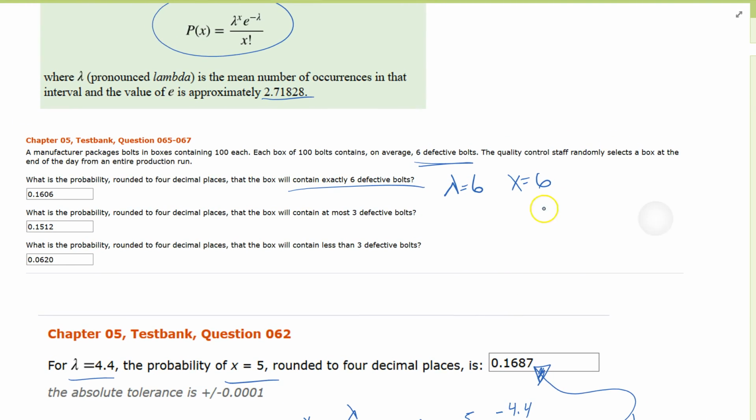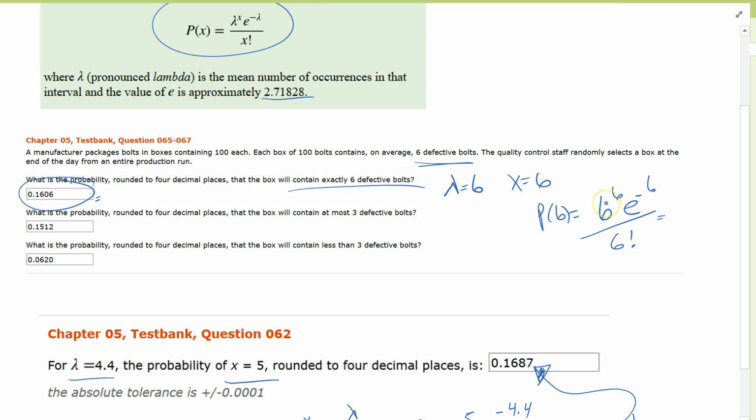The probability of 6 would be 6 to the 6th power, e to the minus 6 over 6 factorial. So if I plug this in, I end up with this answer here.